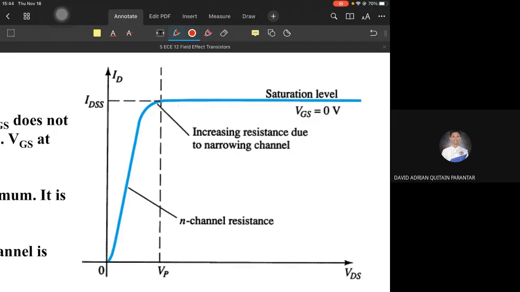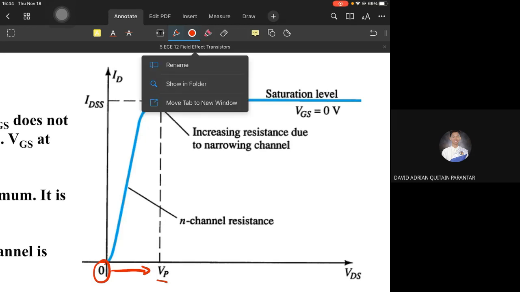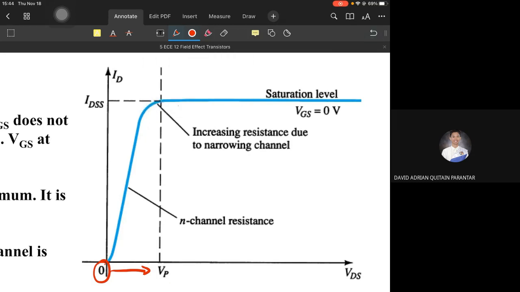Notice, when VDS is initially at 0 and increases in value up to a point that we call VP, the current increases. As long as VP has not been reached, the value of ID only increases.